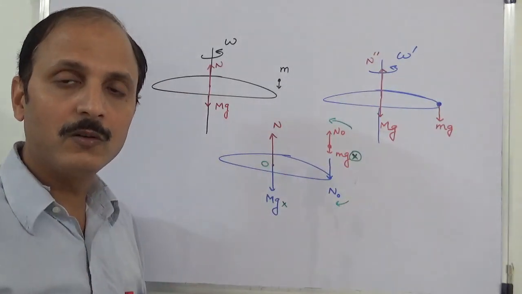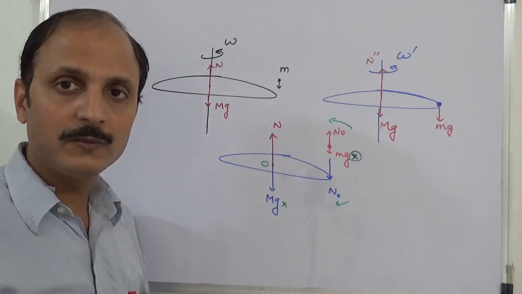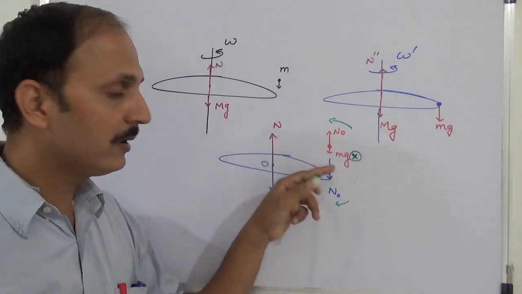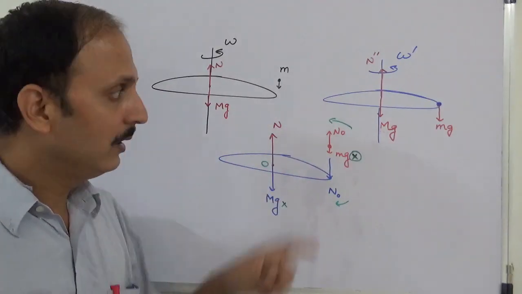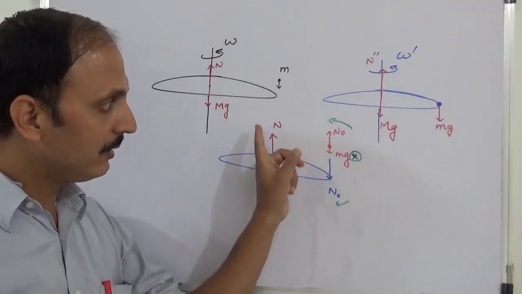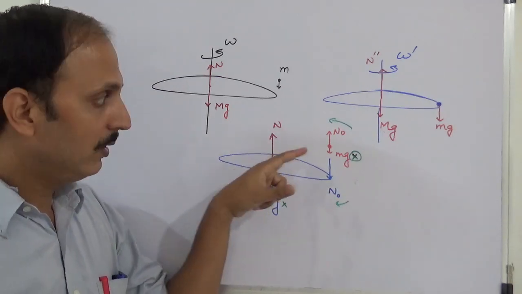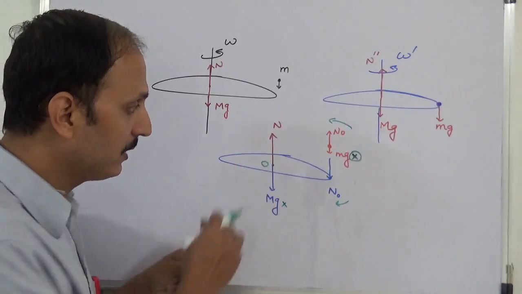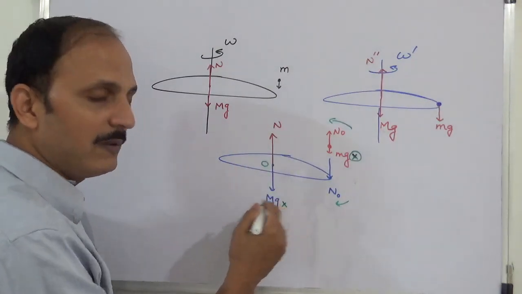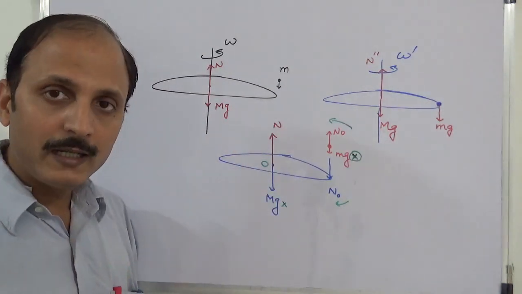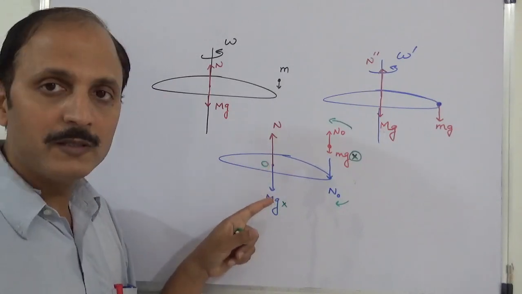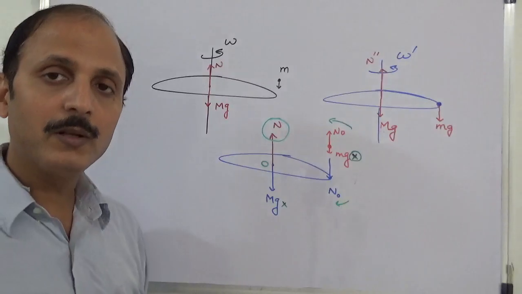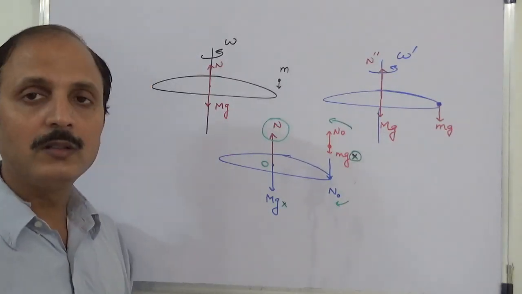So what will be the torque of an internal force? 0. mg is neglected because in comparison to N naught, mg is negligible. The torque due to this N naught is this way on the small mass and this way on the disk, so both cancel each other about this point. The torque due to mg, which is already neglected, would be 0 about O anyway, and the torque due to the impulsive hinge force N is also 0.